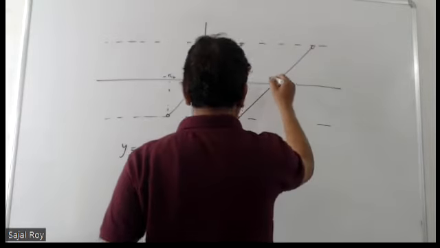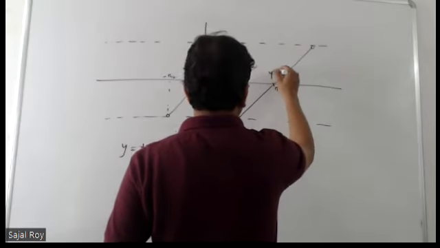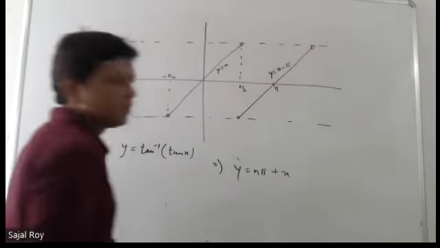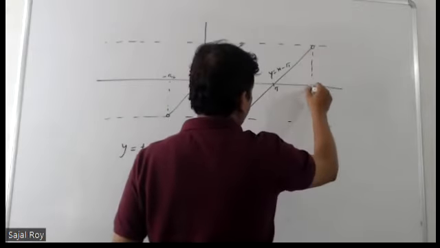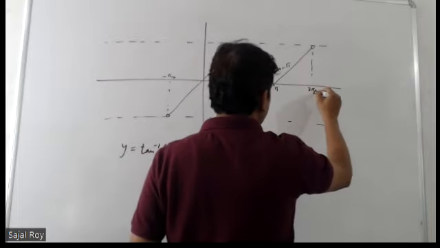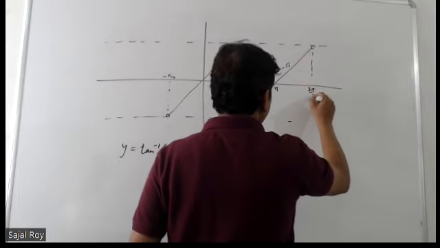This is your pi, so this is your y equal to x minus pi. You have discontinuities at 3 pi by 2, right?